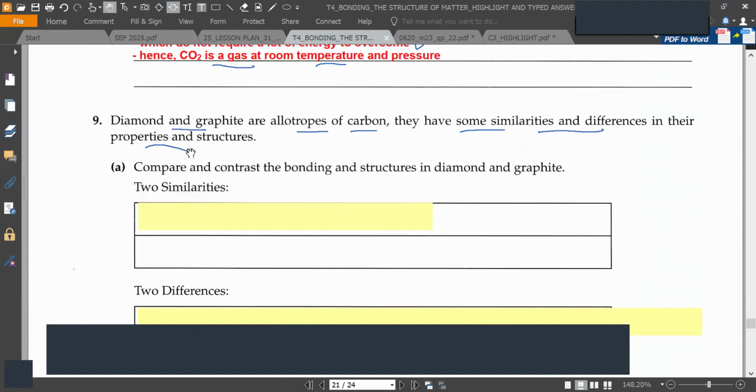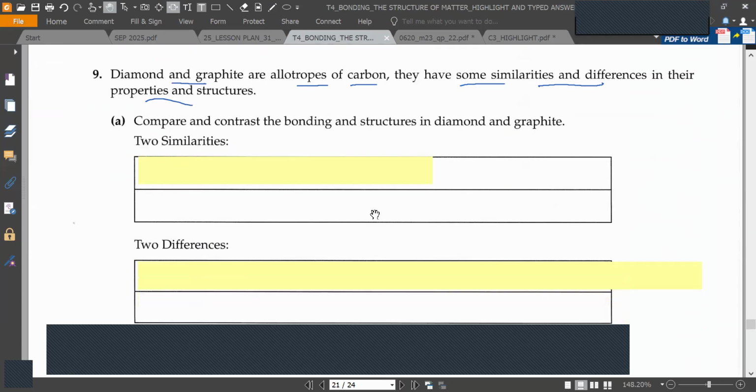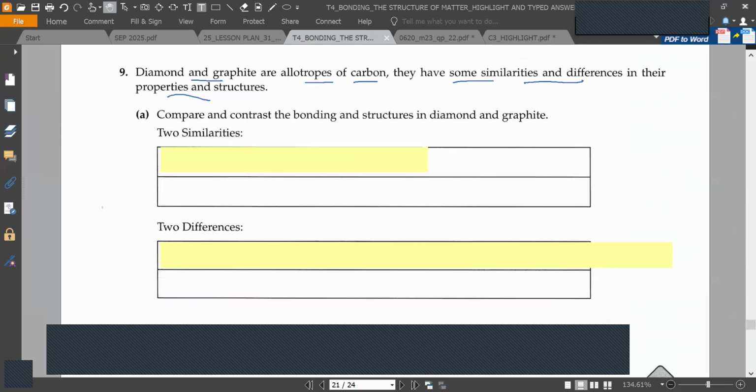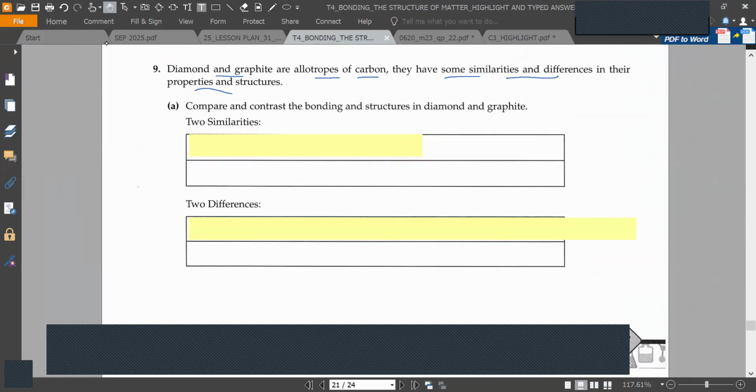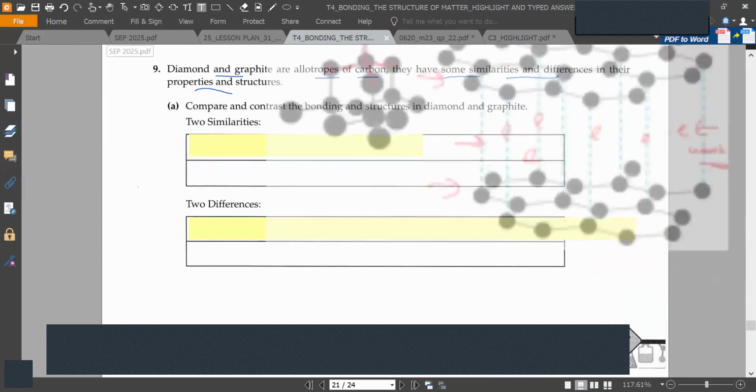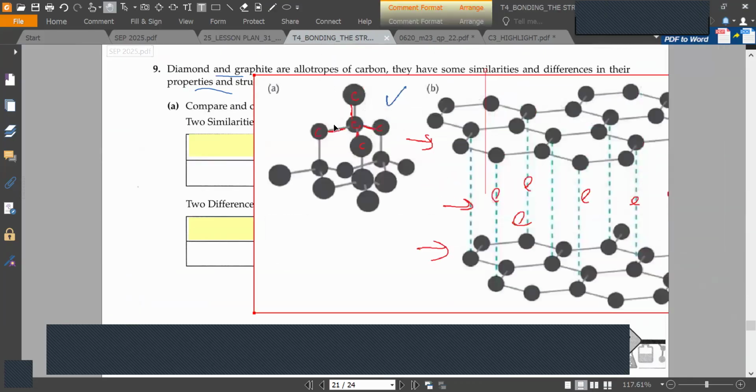Two similarities and two differences. So we can discuss that.